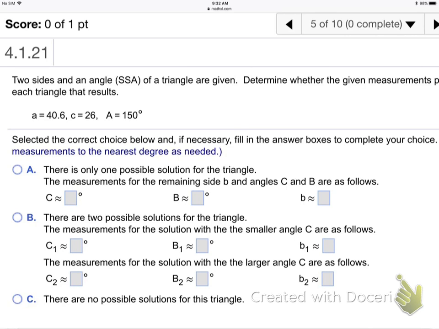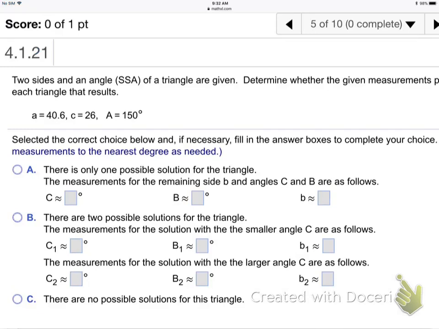I'm going to draw it. This is number 5. Little a is 40.6.